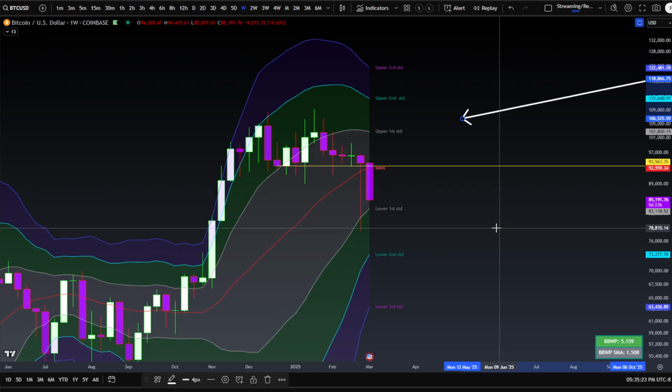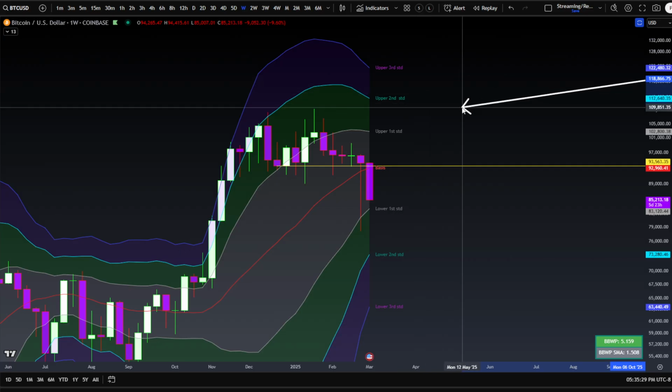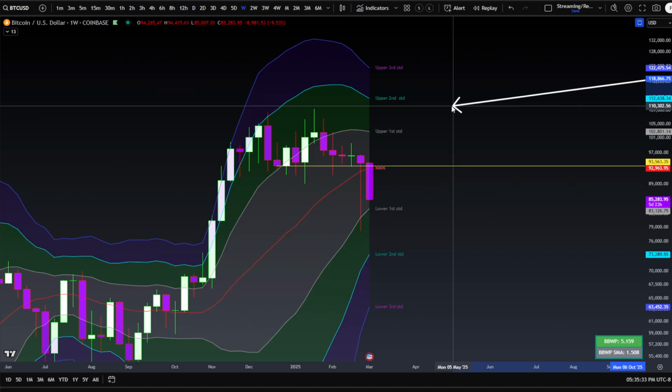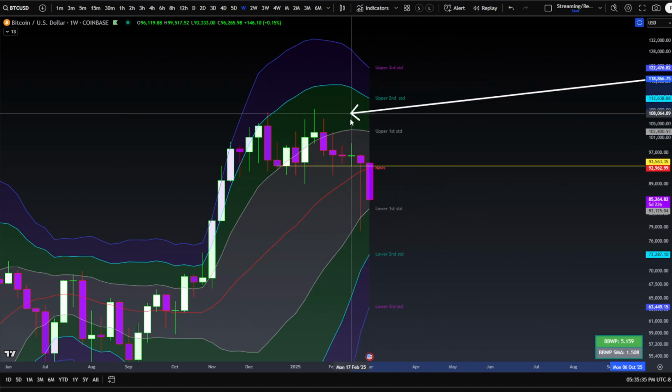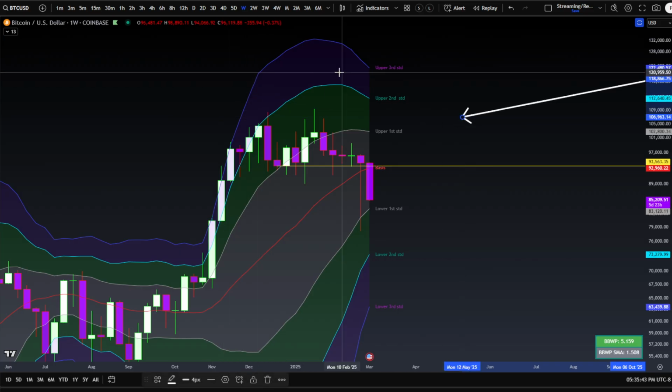But anywhere above there, we start entertaining a trip back to the highs and possibly higher to the upper second. Now at 112, anywhere above there, we have the upper third, likely a stopping point in a compression if it were to get there in some sort of massive way at 122 or just over 122 to 122.5 or so.